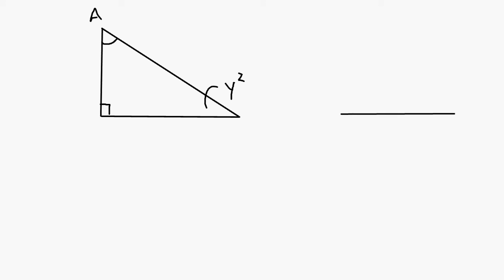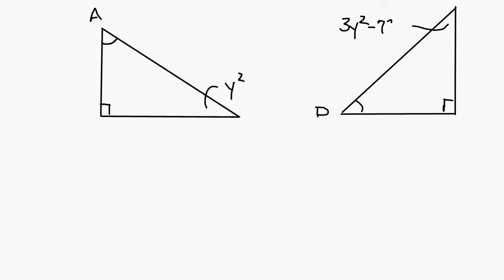Got triangle DEF next to it, and it's a right triangle also. And angle D here has one arc mark. And the other acute angle is 3y squared minus 72.